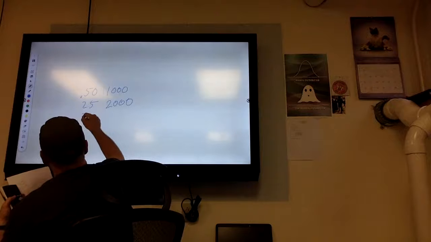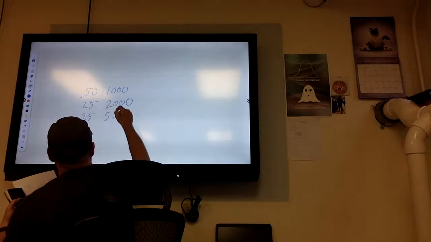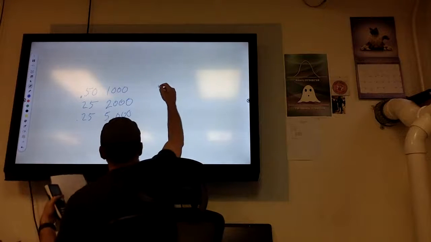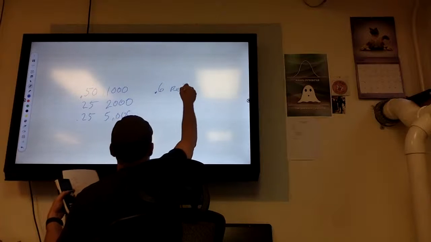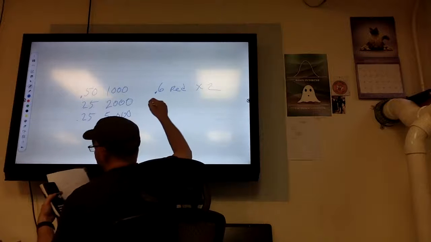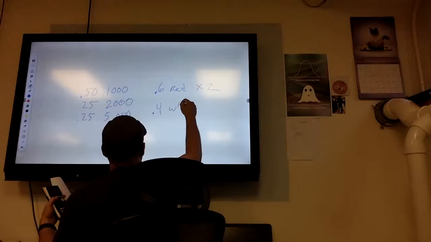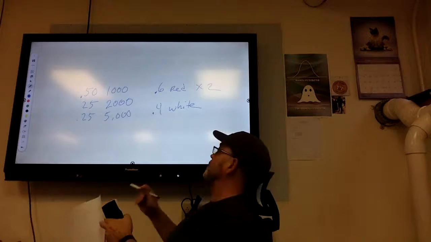And a 0.25 chance of winning $5,000. Now, these little chips, which are multipliers, the red is 3 out of 5, 0.6 red, and you're going to double it, so times 2, and 0.4 for white, and it stays the same. All right, there's some data for you up there.